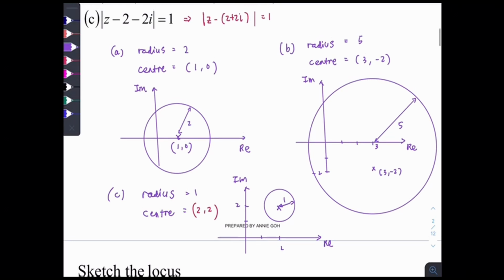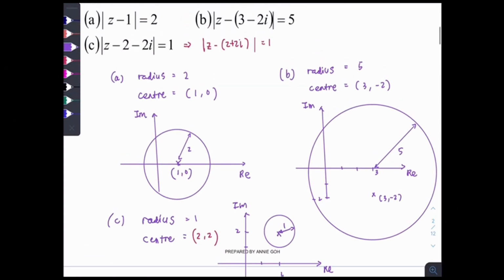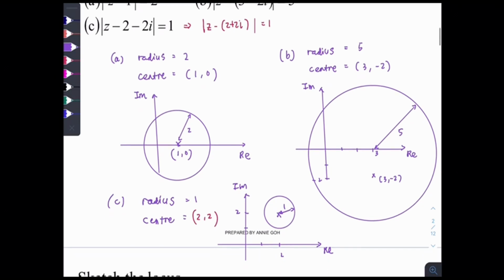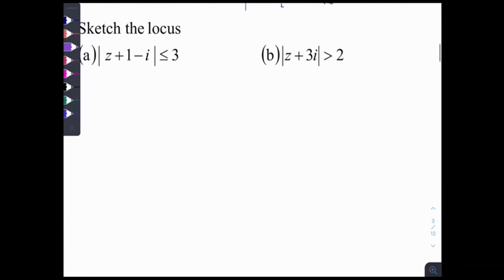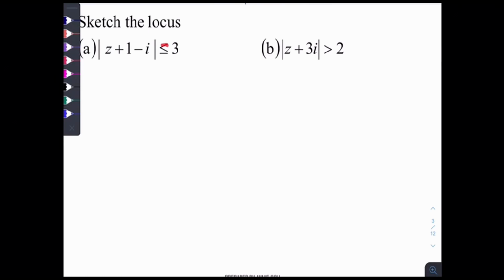Okay, so this is how we sketch the circle's equation. Besides equation, there'll be also inequality for the circle. So you won't be seeing the equal sign here, but it's more than or less than sign, the inequality sign. So the method is the same. So have a look here. Same thing. First thing that you have to do is to figure out the center and the radius.